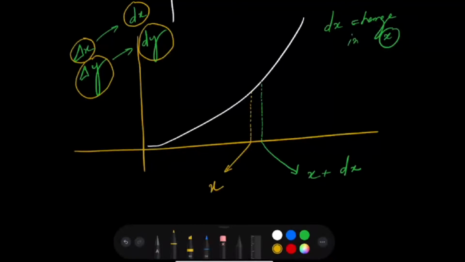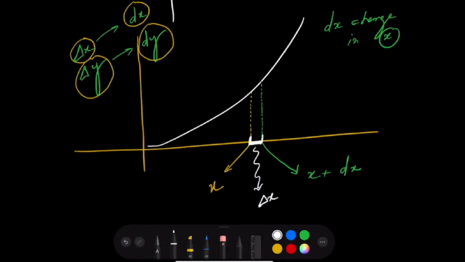Point, and in the neighborhood of x, I am taking another point at distance delta x. So the length of this section will be equal to delta x. This is delta x, correct? So this point is x, and this point is x plus dx.